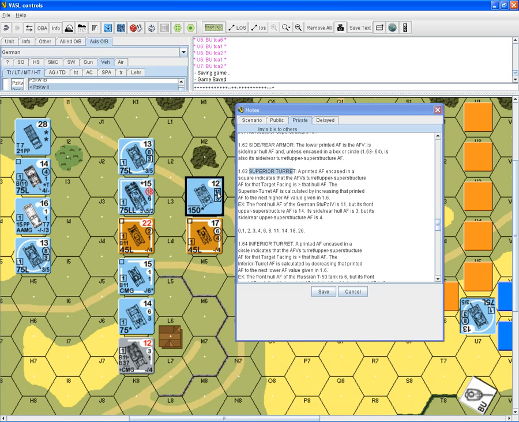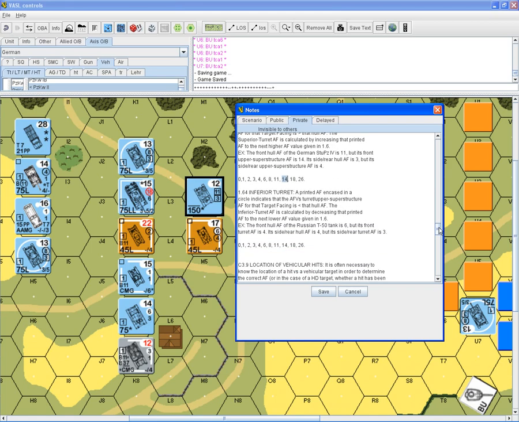So the 11 value is actually going to go up to the next value when you talk about the upper structure. So we can look at our chart here. 11 goes up to 14. So in this case, if you were to attack this vehicle from the front and hit its hull, its armor is 11. If you attack this vehicle from the front and hit its upper structure, because of the box, it's increased by 1. It's going to be a 14.